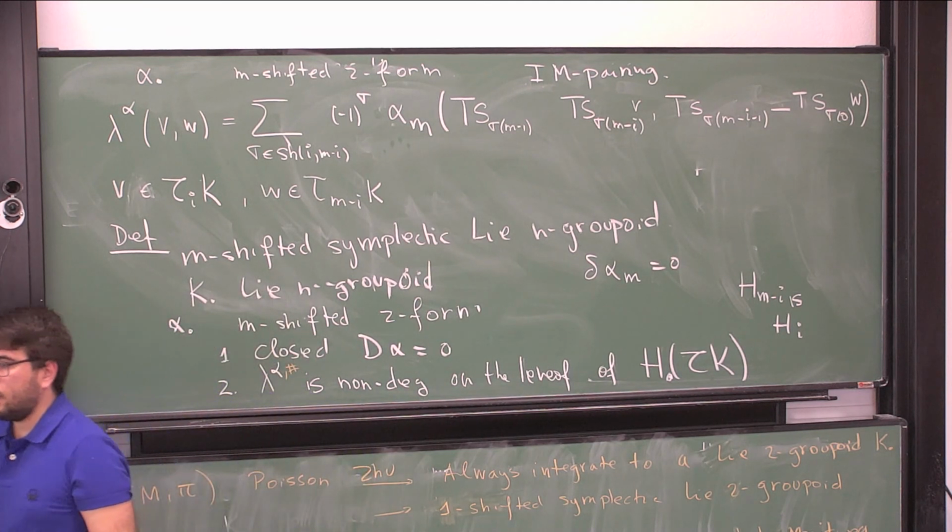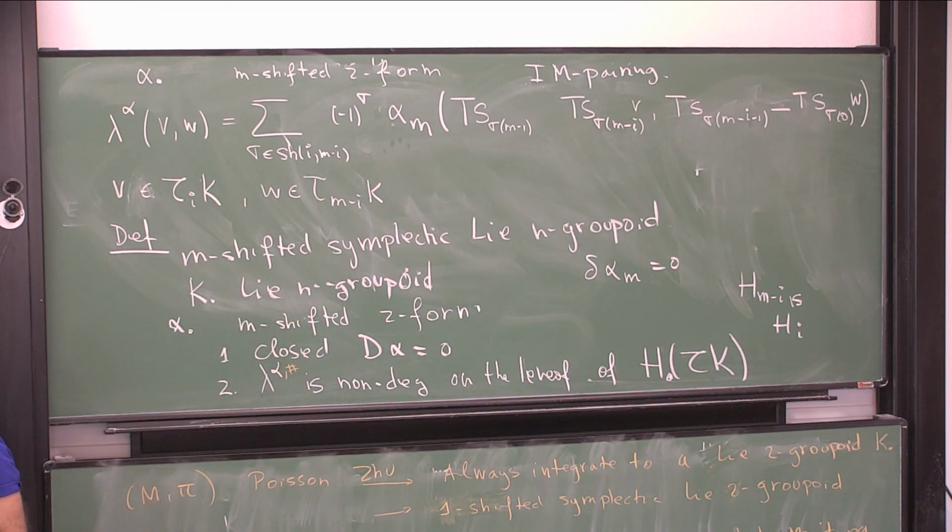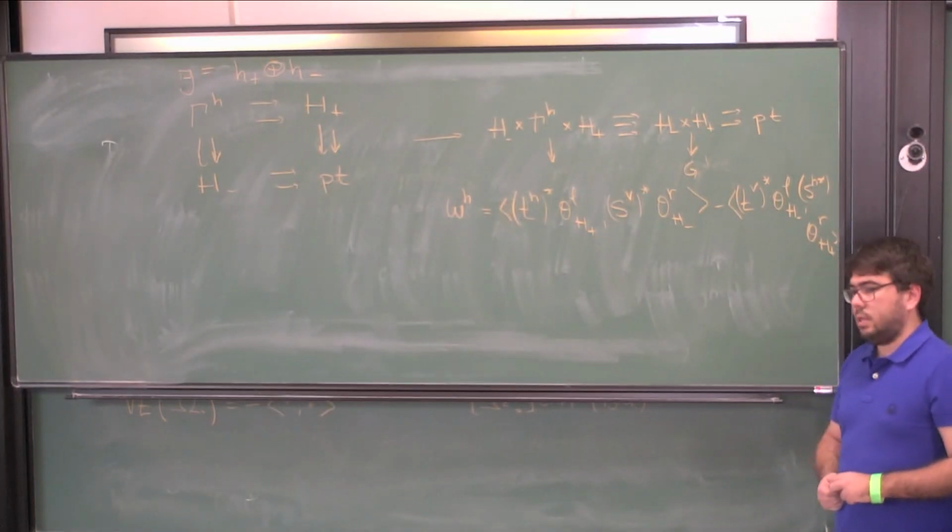The first example was with the Courant algebroid given by a quadratic Lie algebra. And there's a mild generalization where you look at the action Courant algebroid, if you have an action on a manifold X with coisotropic stabilizers, do you know how to... That's clearly the next example. We don't know yet.